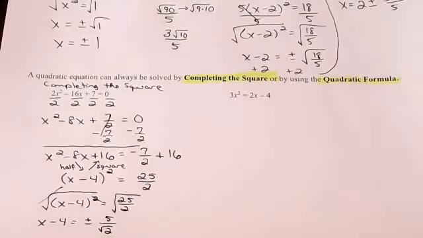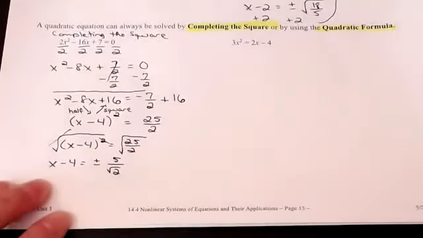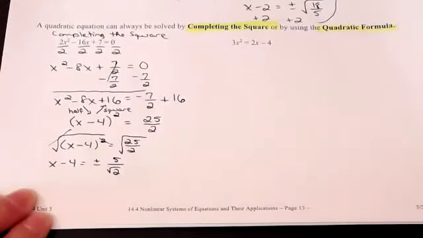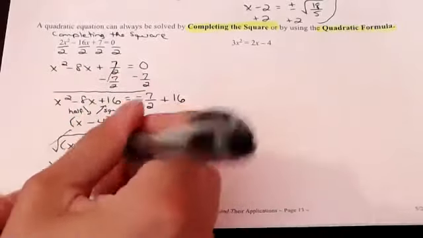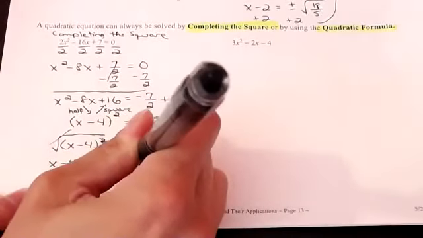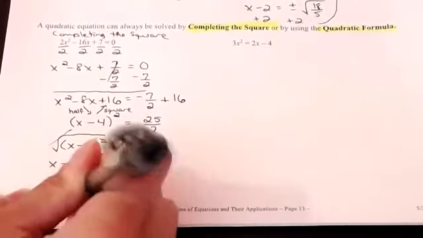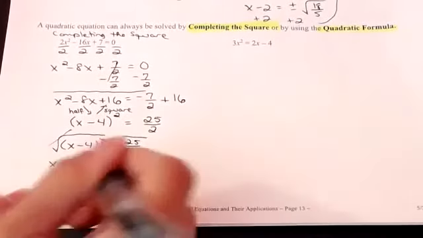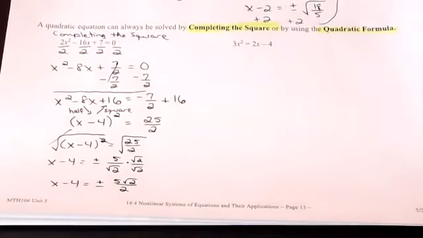So we get 5 over square root of 2. We don't want a square root of 2 in the denominator, so I'm going to rationalize by multiplying by square root of 2 over square root of 2. So that gives me x minus 4 is equal to positive or negative 5 square root of 2 all over 2.